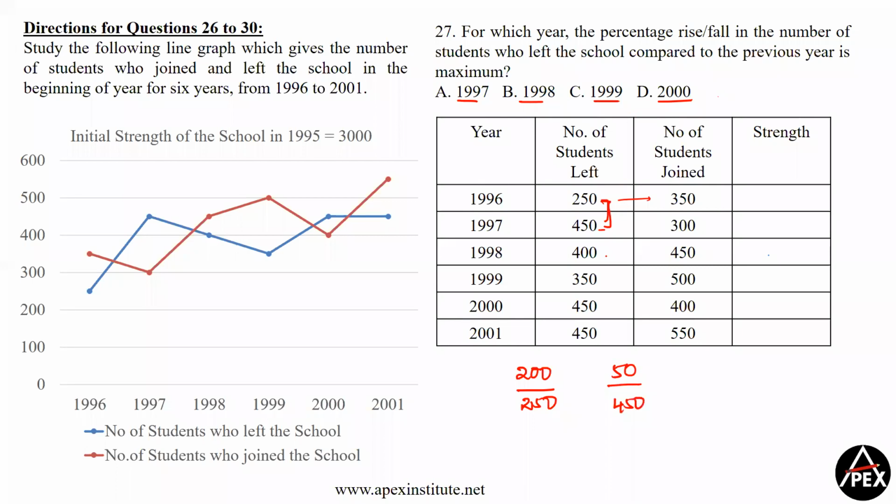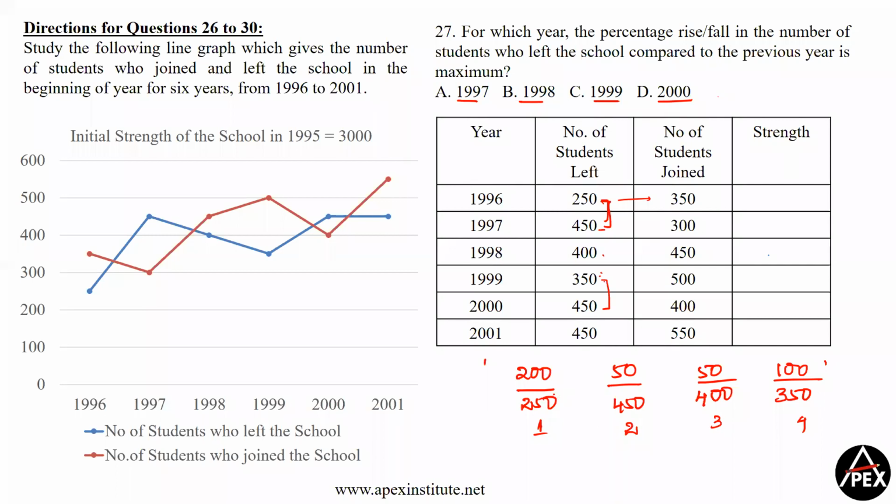For 1999, 400 to 350, so 50 by 400. For 2000, it is from 350 to 450, so the difference is 100 divided by 350. Out of these four values, which is maximum? For the year 1997, 200 by 250 will be maximum.